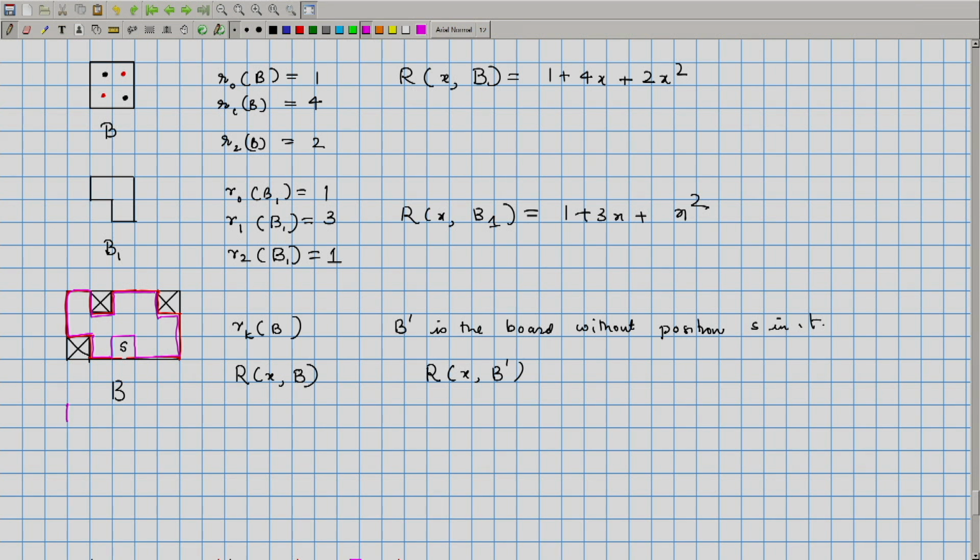If we do that, everything in the row and column would essentially be gone, so this would be the remaining board, because these positions would be ruled out if we have a rook on S. That will be our board BS.